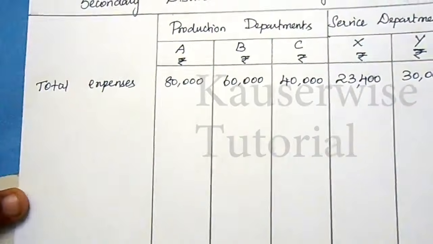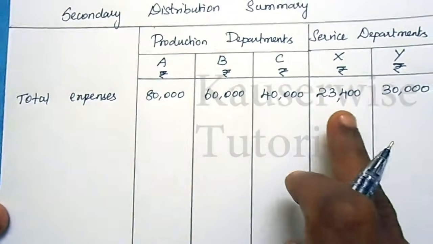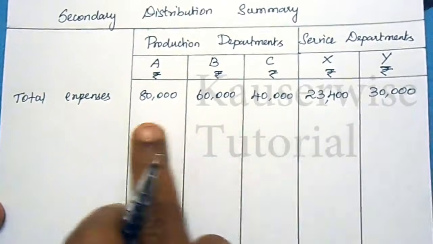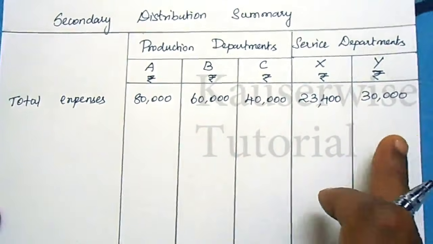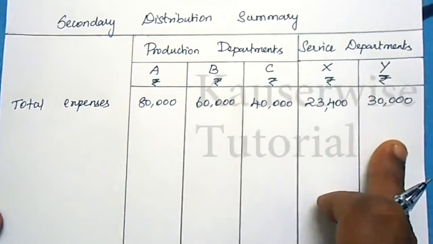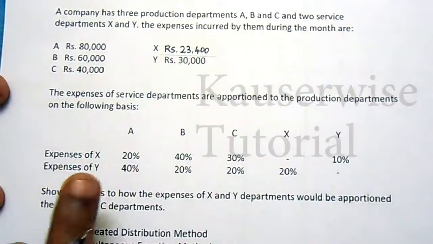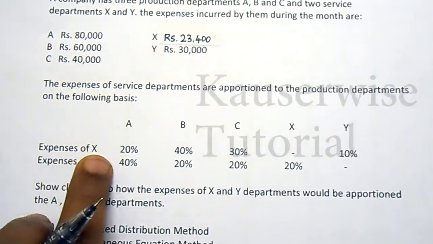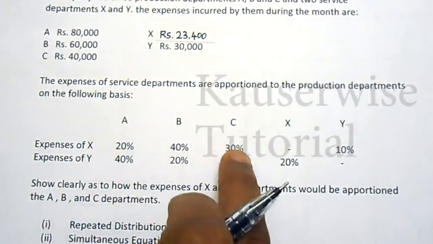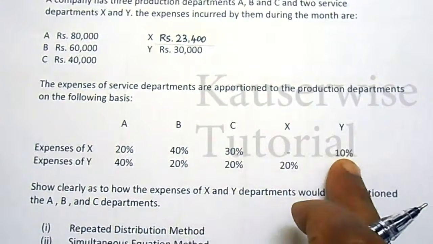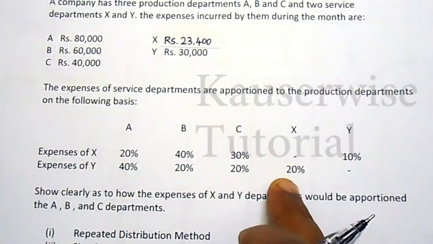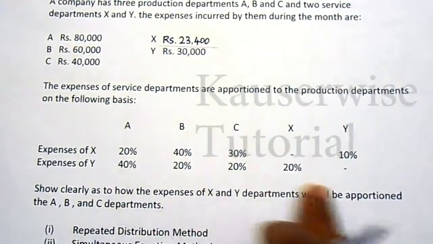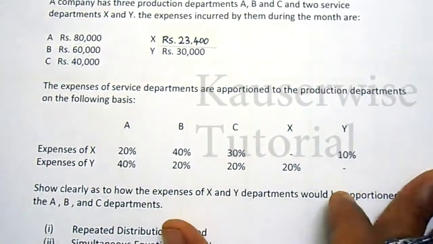Now we need to distribute the service department cost to all other production departments including service department according to the basis of proportion which is given in the problem. Look at the problem. Expenses of X will be transferred to 3 production departments and 1 service department and expense of Y will be transferred to 1 service department and all other production departments according to the ratio given in the problem.